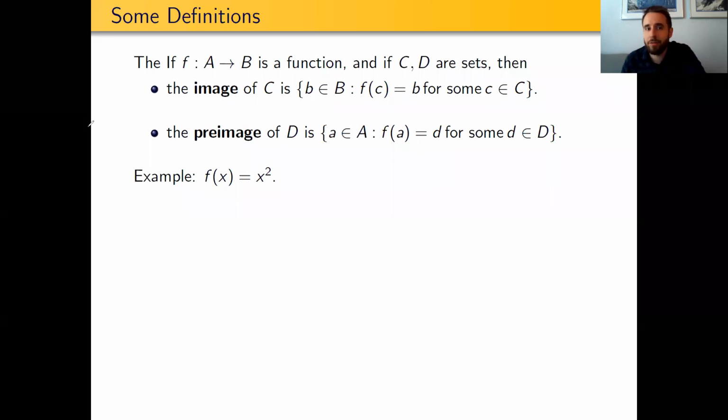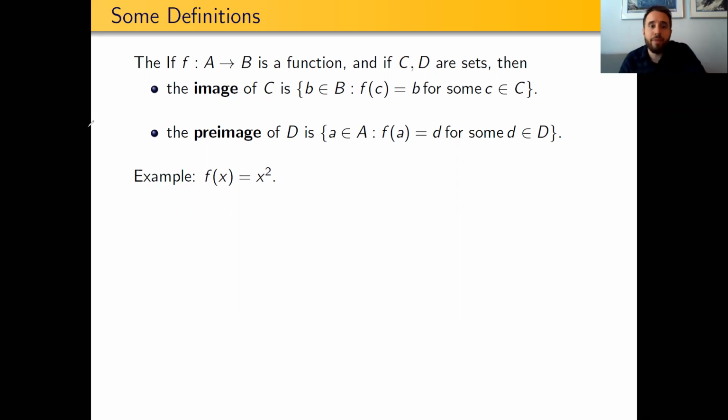So the image of C is defined to be the set of points b in B, so it's a set of points in the codomain, for which f of c equals b for some element c of C. So to say it more plainly, the image of C is the set of all points in the codomain that get mapped to by some element of C.